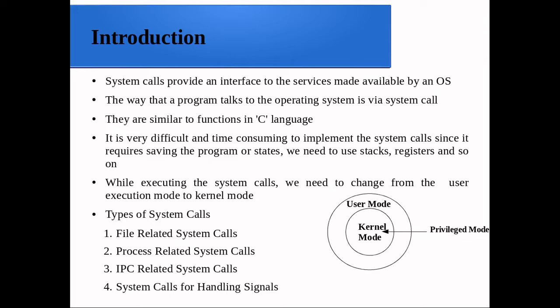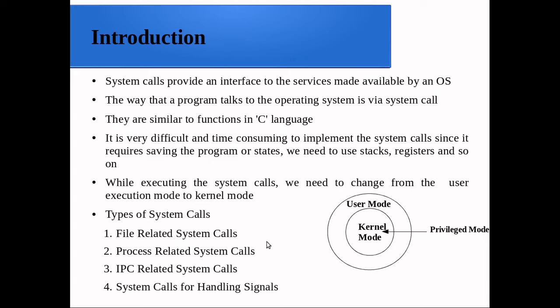Before we try to understand system calls in more detail, there are two important points that we need to know, which are the two modes of operation in which a program can execute, known as user mode and kernel mode.